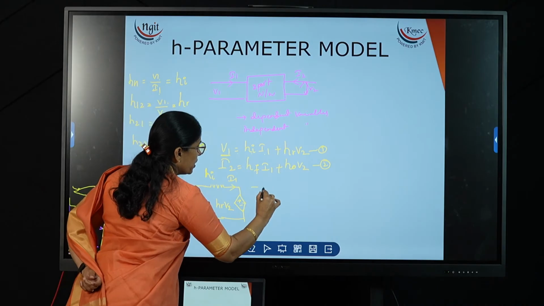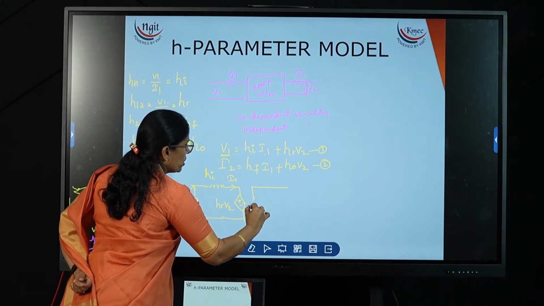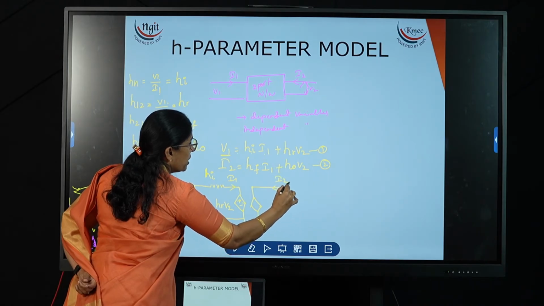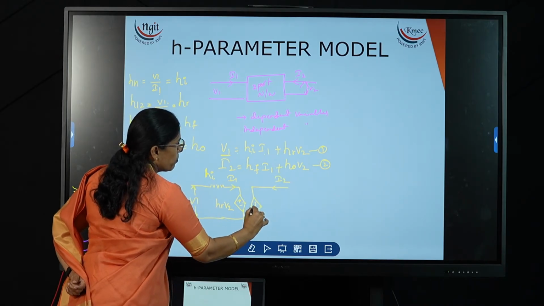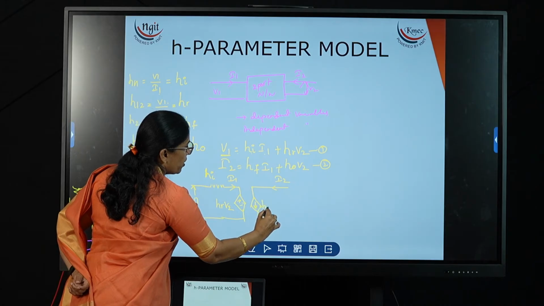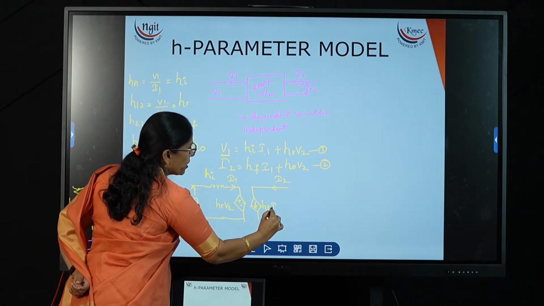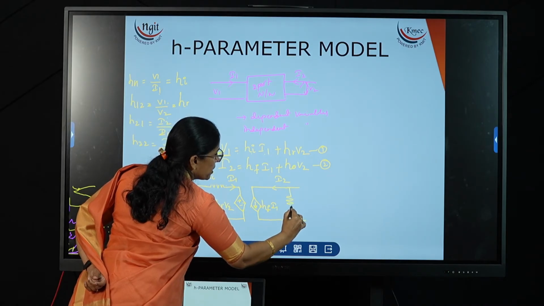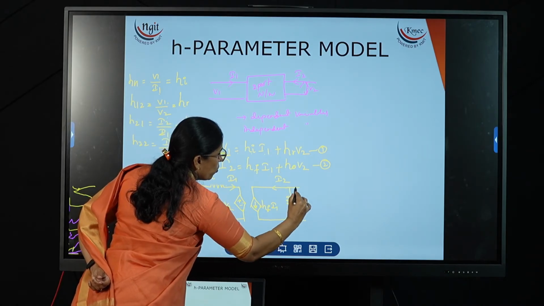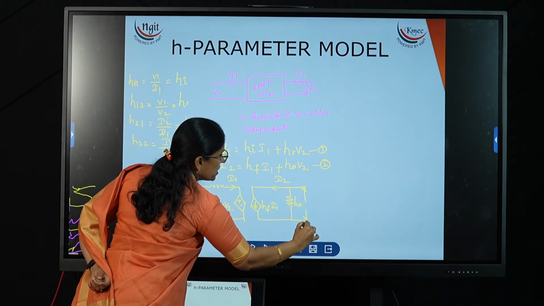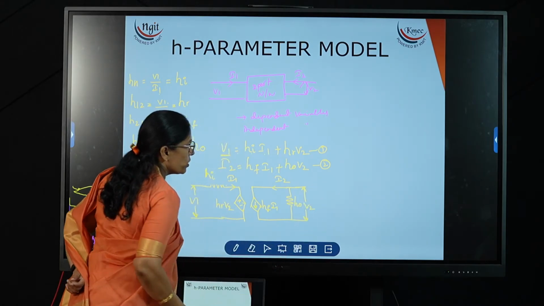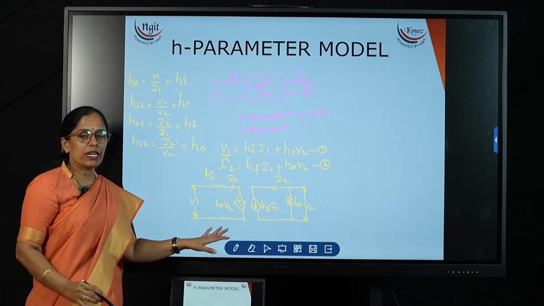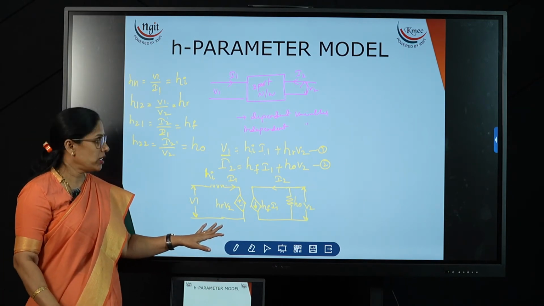I2 is the dependent current source HF, depending on the input current I1, plus HO, which is admittance, with voltage drop V2, the output voltage. Now this is the diagram for the transistor two-port network.